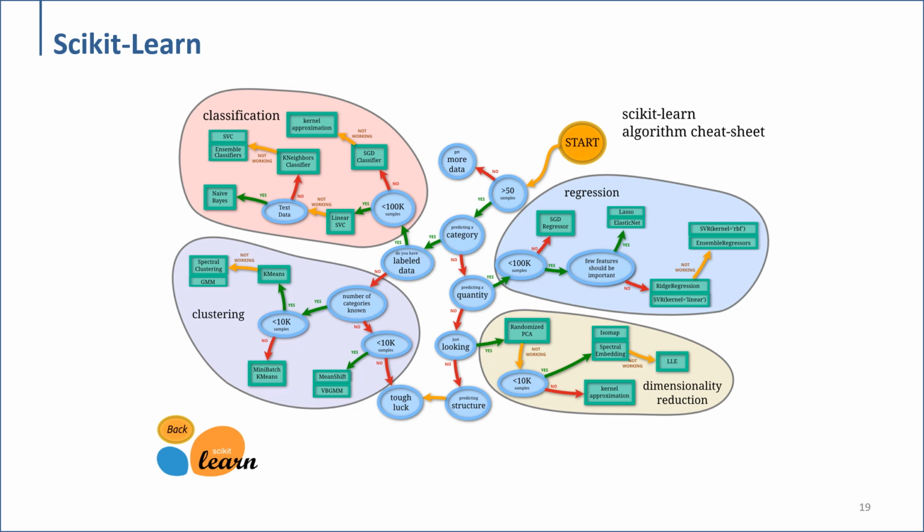This is a schematic illustration of machine learning provided by scikit-learn. As you can see here, depending on the amount of data and the problem setting, there are many machine learning algorithms that we can use, such as SGD, PCA, linear regression, and so on. And scikit-learn provides the platform to use these algorithms in your machine learning code.